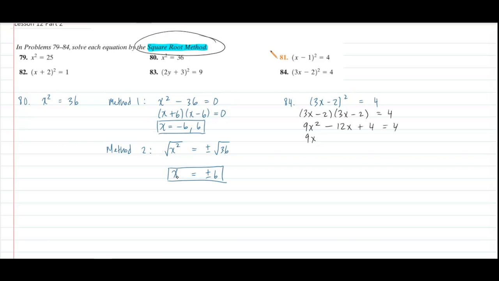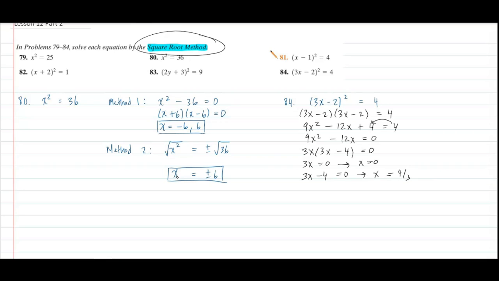And then they say 9x squared minus 12x, bring this 4 over to the left side, is going to give you a 0. Then they're going to factorize out 3x and say that they have 3x minus 4 left over, and then they make the conclusion that either 3x equals 0, and therefore x is equal to 0, or 3x minus 4 is equal to 0, and x is equal to 4/3.